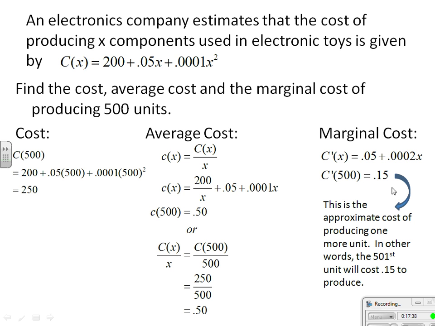So what exactly conceptually is marginal cost? If I have 500 items, it doesn't necessarily mean that each item cost me 50 cents to produce. That's not reality. Chances are the first couple items that you produce of something are going to cost a lot more money. So let's say I'm selling t-shirts, it's a small club, so I'm just going to produce 10 t-shirts.